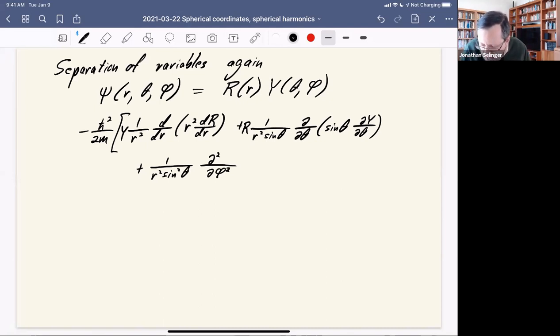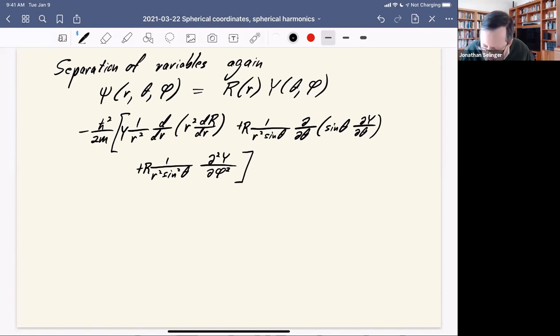But once again, the function is capital R times Y, and capital R is a constant as far as φ is concerned. So it factors out like this, and we just need the derivatives of Y with respect to φ.